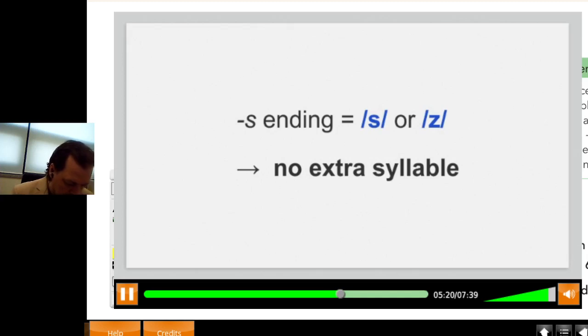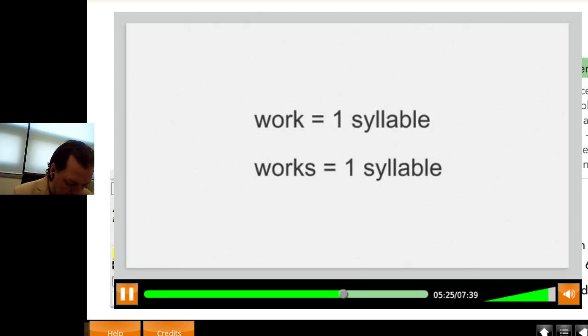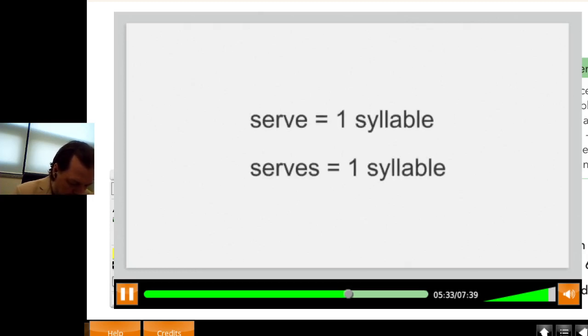The number of syllables does not change. Work is one syllable. Works is also one syllable. Serve is one syllable. Serves is also one syllable. Listen. Notice that verbs like serves end in es, but the s ending is pronounced z. We pronounce es as an extra syllable only after hissing sounds.